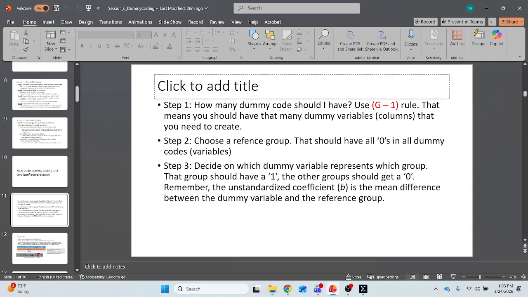Say 5. G minus 1, I need to have 4 columns. Which of the groups is going to be my reference group? All right, I chose this one. Now I need to decide which of these columns is going to represent which of the groups. Hold on to that. Clear as mud, I get it. We will go through that one at a time.